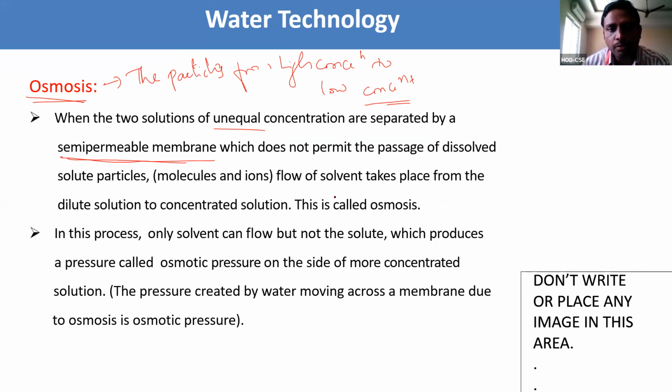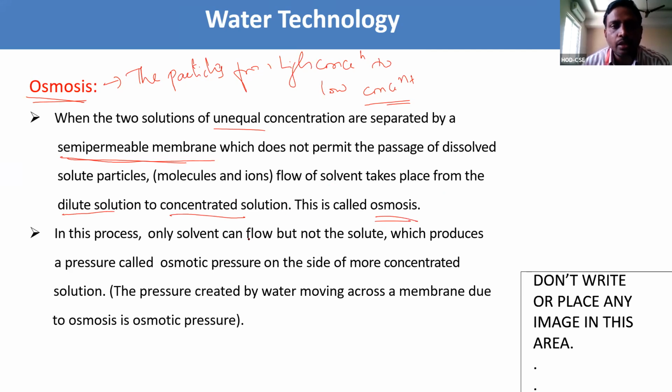The flow of solvent takes place from the dilute to the concentrated solution, meaning low concentration to high concentration. This is called osmosis.